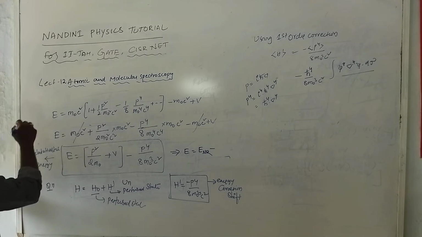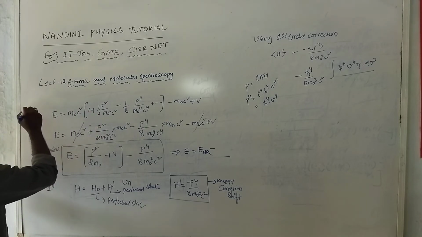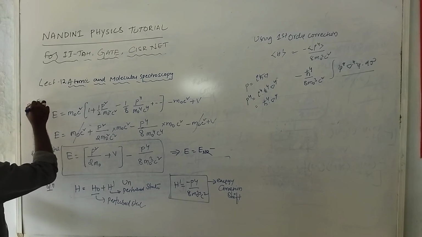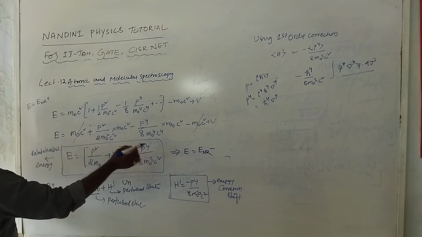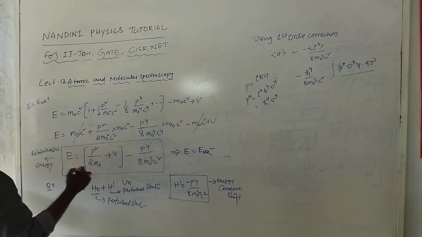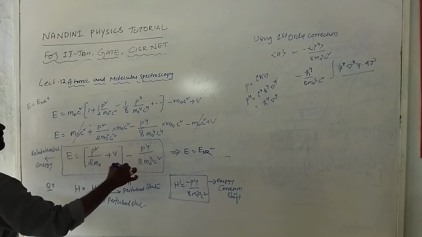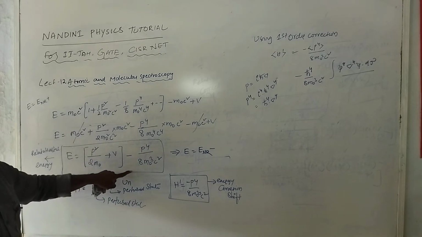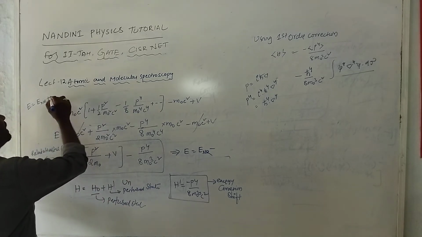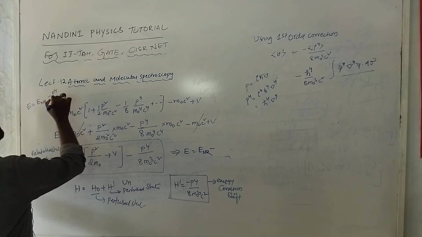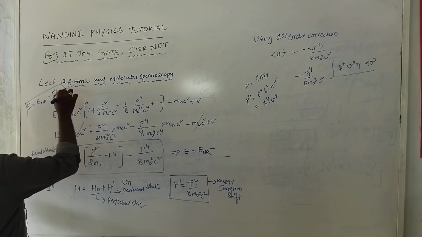But in the previous case, I wrote that total energy is equal to the non-relativistic energy plus this energy. What is that energy? That is called the relativistic energy. So this is called the correction energy. We can represent it as minus p power 4 divided by 8 m naught cube c square. So this is the actual formation.